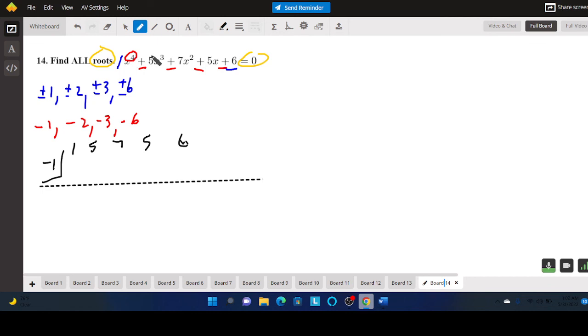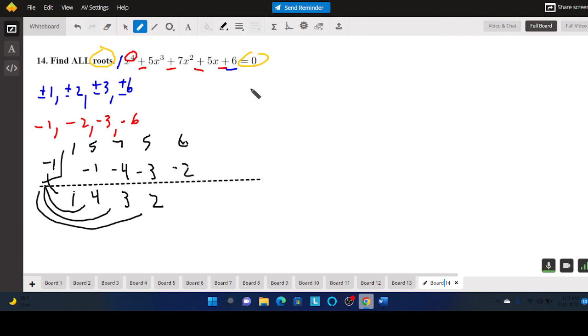Looking at the exponents, 4, 3, 2, 1, so nothing skipped. 1, 5, 7, 5, 6. Good. Bring the 1 down. It's a negative 1. Combines to 4. It's a negative 4. Combines to 3. That's a negative 3. Combines to 2. It's a negative 2. That didn't work.